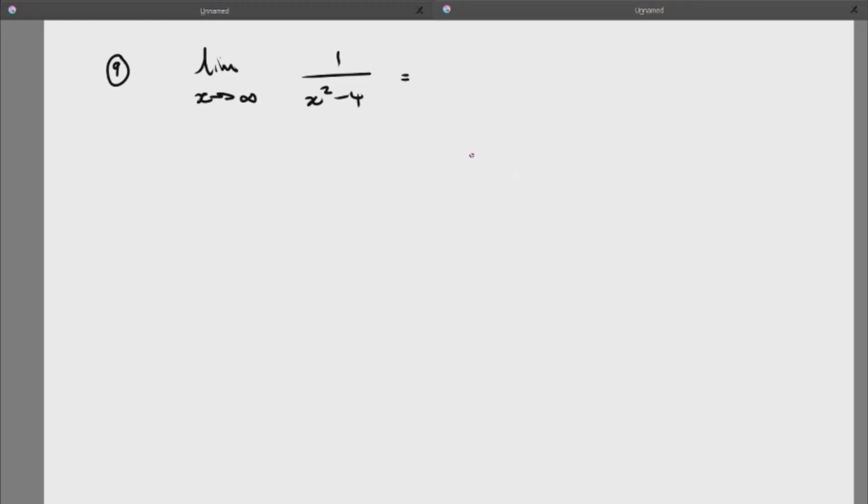Whether I write more or not, I'm really looking at these. 1 over x squared does what when x gets really big? Does it approach a specific number? What is that number? 0. It is 0. 0 is a number, the limit exists.